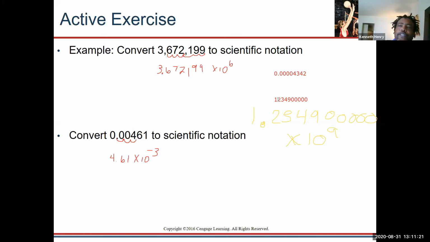So Alexandria, your answer is correct. However, one of the reasons why we use scientific notation is so that we don't have to carry all those zeros. So since that's the case, there you go.